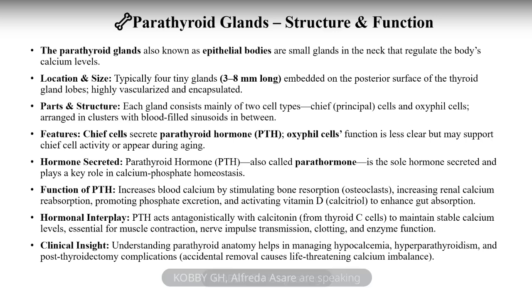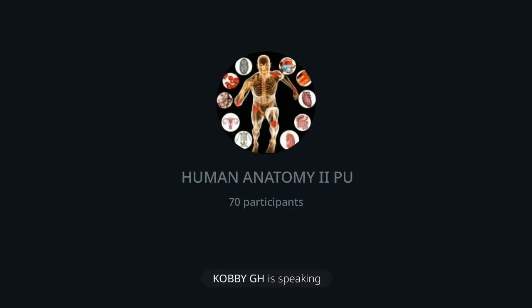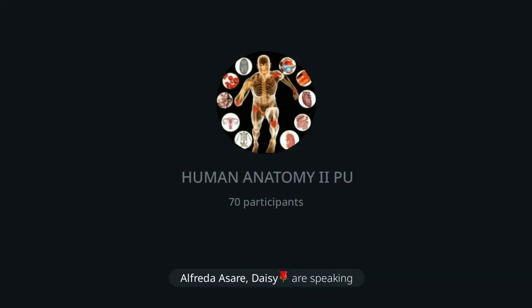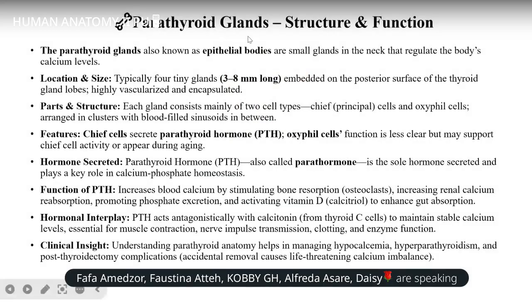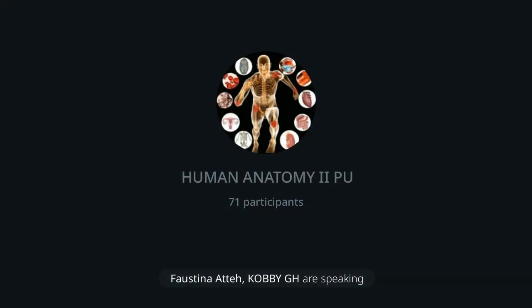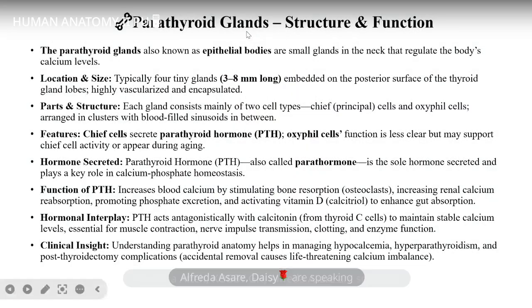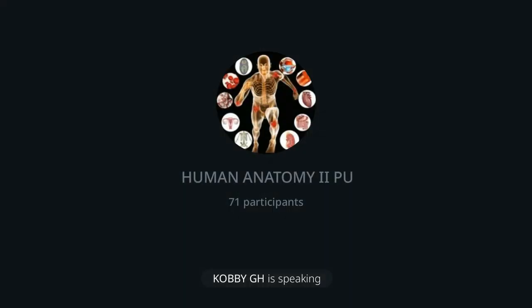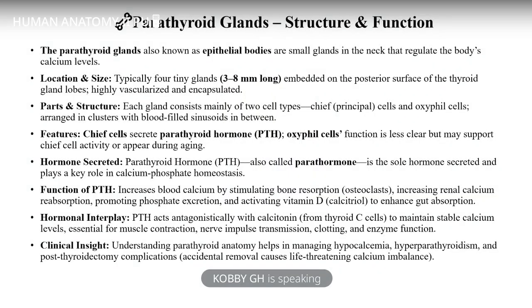This gland, we also call it epithelial bodies. Say epithelial bodies. Good. Remember, we didn't say epithelial gland, and we didn't say epithelial cells.